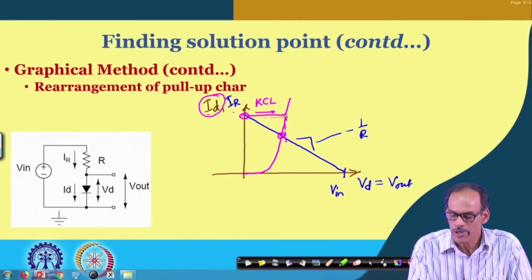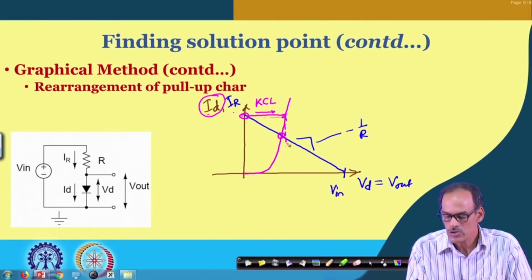Then we come down here. Of course, this point is not consistent with this line. So, we come down saying that we are getting some V d, maybe V d 1, but again this is not the solution. We are coming here to make the diode and pull up characteristic consistent.